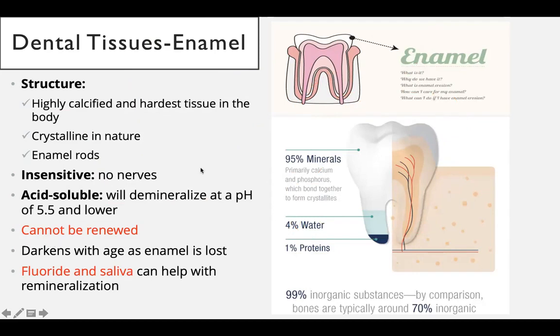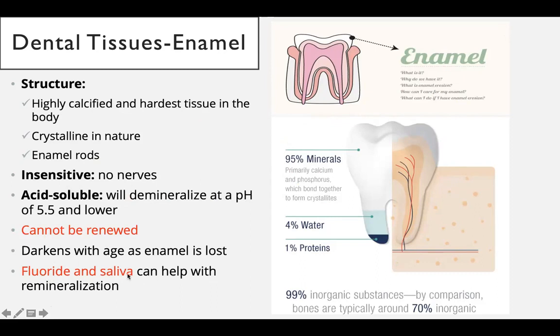And then because of these drinks, we get demineralized enamel, which cannot be renewed. Important part, it cannot be renewed. So we need to take care of enamel. It darkens with age as enamel is lost, and fluoride and saliva can help with remineralization.